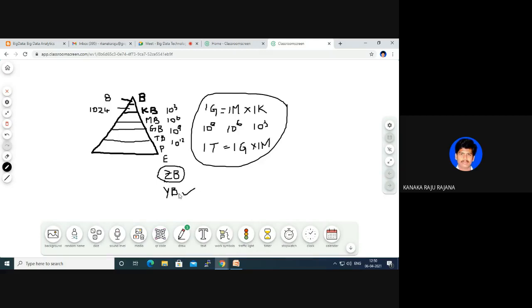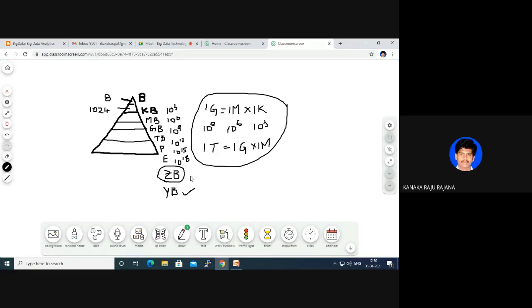See the comparison. If you go on increasing this, that is the reason why, as I said, you need to learn at least up to 10 to the power of 24 at a stage. After 12, we have 15. The only thing is simply add 3 to each respective power. After 15, you have 18.